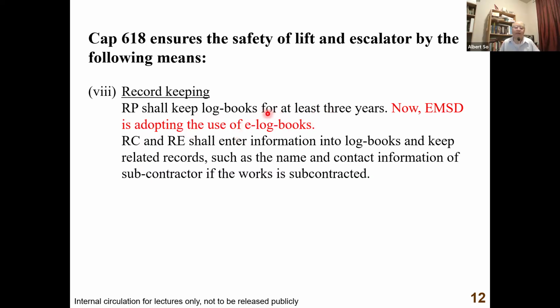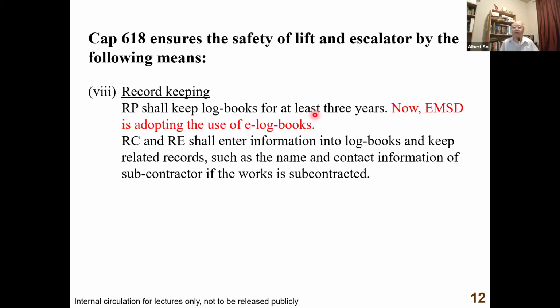So maybe in your coursework you can study whether the e-logbook is effective or not, whether it's easy to analyze the data or not. Maybe you can analyze the different categories of problems through the e-logbook. As I told you, you are free to choose whatever topic you want for your group project.